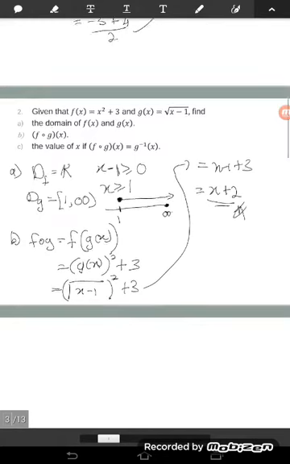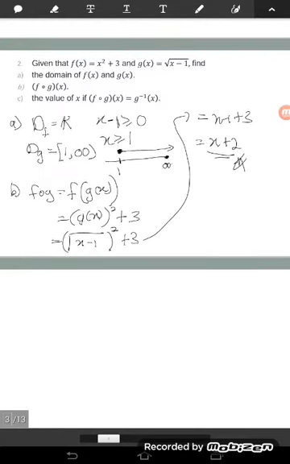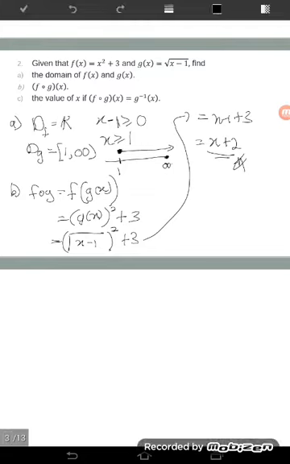Okay, then next, find the value of x if the composite function of f and g is equal to the inverse of g. The composite function of f and g we already have here, x plus 2. Next, the inverse function of g. So we need to find the inverse of g.